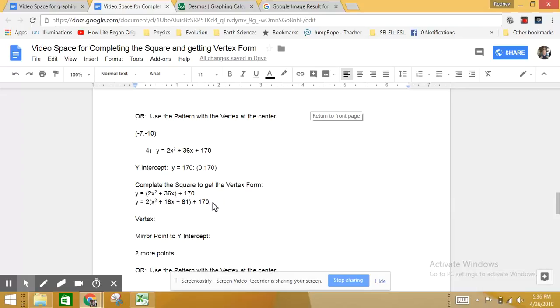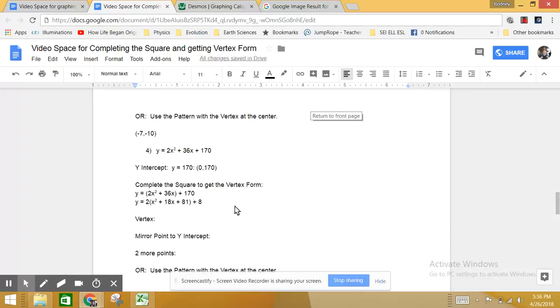So over here, I'm going to have to subtract 2 times 81 from that side to make sure that I haven't actually changed anything. I've added 162 and I've subtracted 162 here. So really I've only added 0. So I'll simplify that and make that minus 162. And now I can further simplify this. 170 minus 162 is 8.